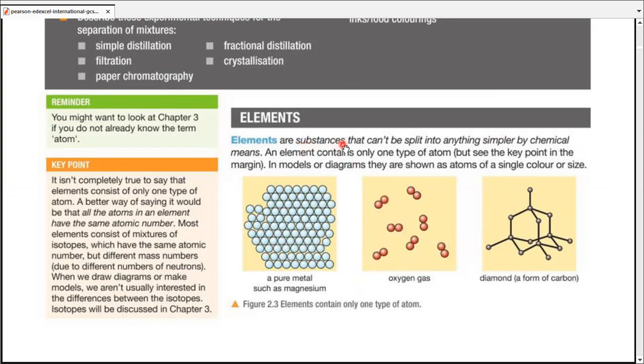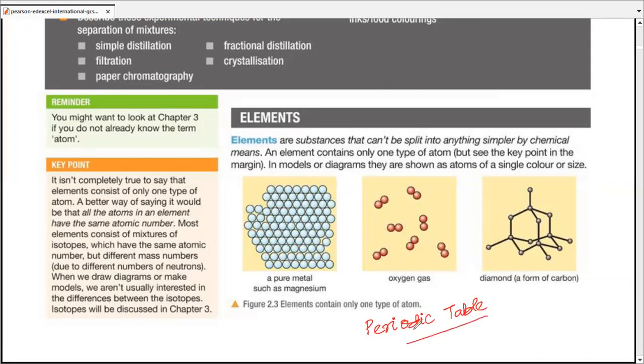Now, elements are the substances that cannot be split into anything simpler by chemical means, which means they have a proper identity. And what we do is collect all those identities, and we have even constituted a table that is a collection of all of those identities, and we call it a periodic table.